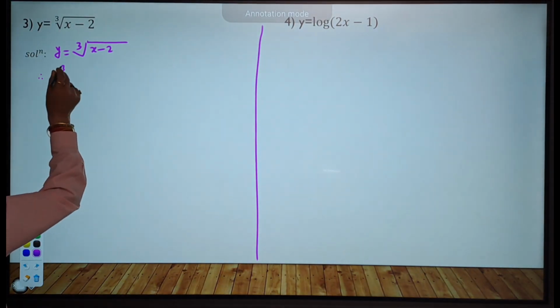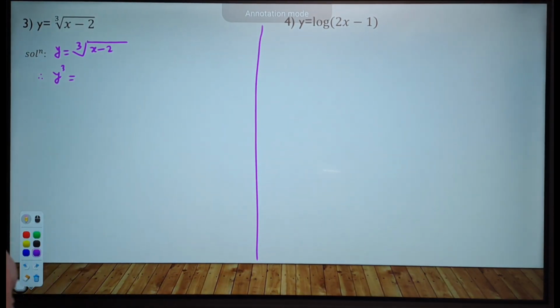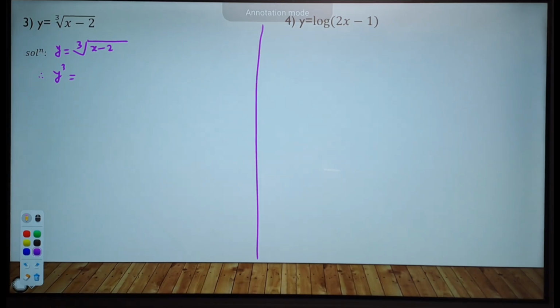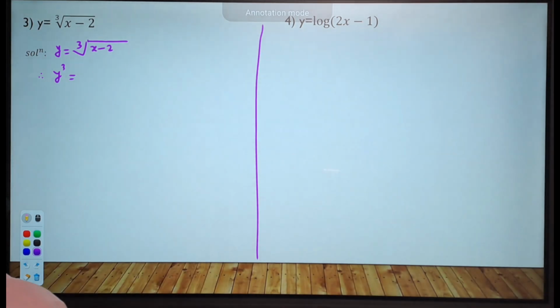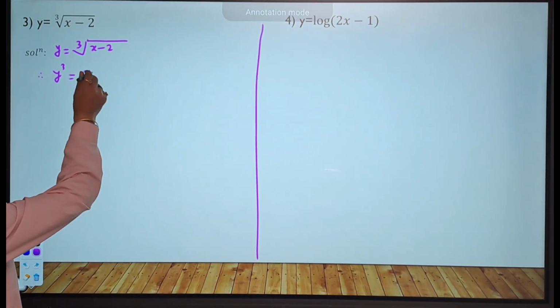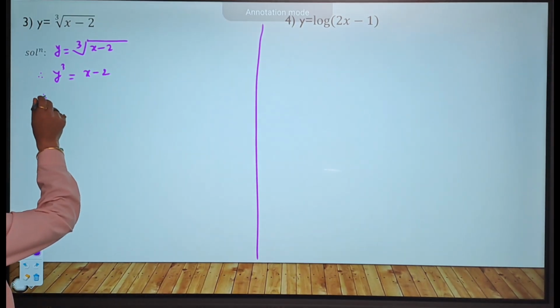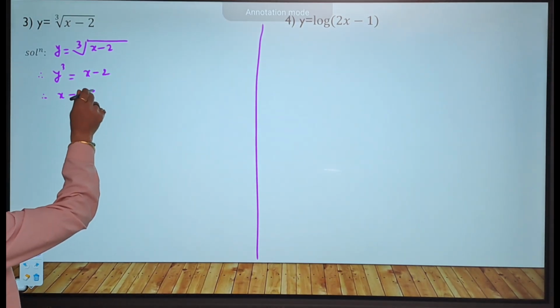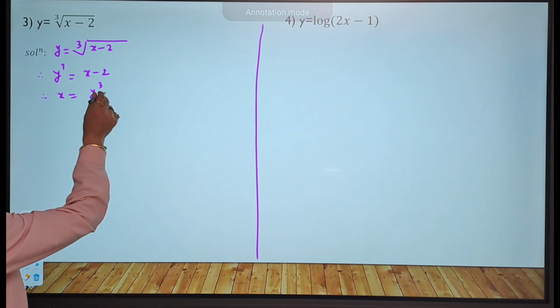Y cube is what? x minus 2. y is cube root of x minus 2. So y cube is what? x minus 2. So x will be what? y cube plus 2.